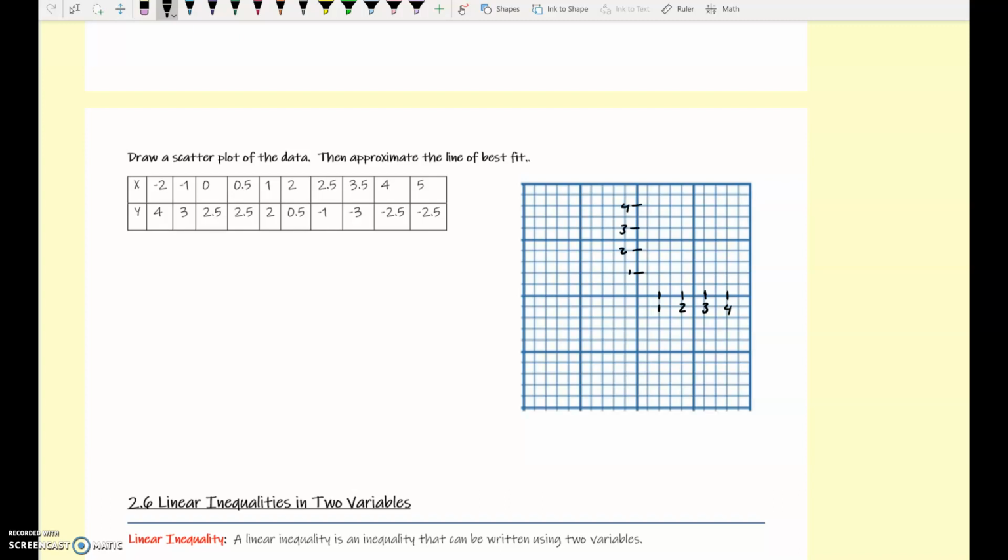We don't have any data values bigger than 5, so that will definitely fit on this graph. That will help space it out and make your points more accurate. Anytime you can make your points more accurate, it's going to benefit you in the long run. So plot these, getting as accurate as you can with that 0.5 scale. Pick out 2 points on your line, write the equation, all that good stuff.